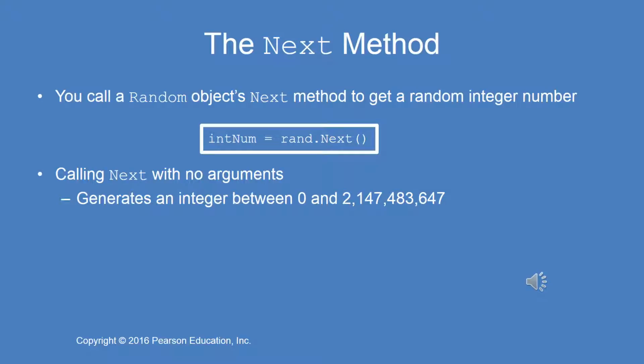The next method can be called by a random object to generate a random integer number. And you can have an argument passed to the next method, but we'll get to that in the next slide. If you call it with no arguments, it generates a random integer between 0 and 2,147,483,647. So it has a fairly wide range of numbers that it generates from.